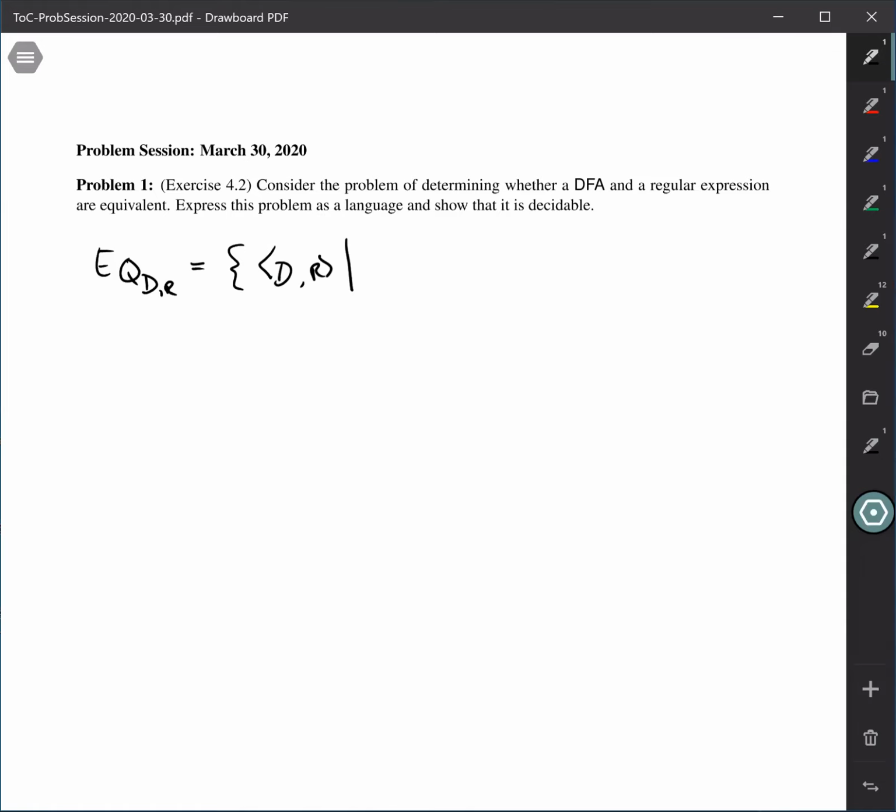So when we define this, loosely we would say D is equivalent to R. What we really want to say is that the languages that correspond to D and R are the same, but we also need to say what D and R are. So for example, we will say D is a DFA, right? And R is a regular expression. Good.